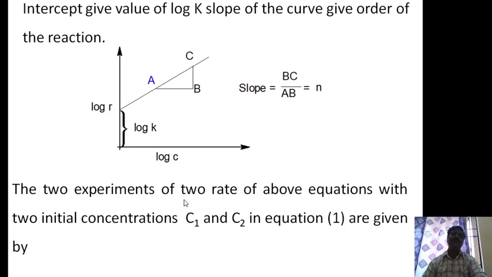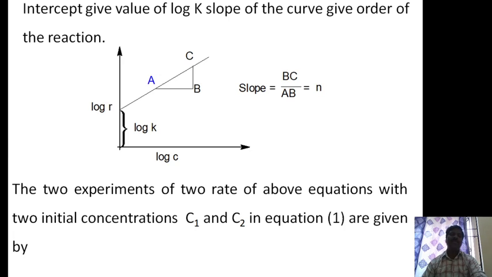The two rates of the above equations, with the two initial concentrations C1 and C2 in equation 1, we have to determine experimentally. How is it experimentally determined?